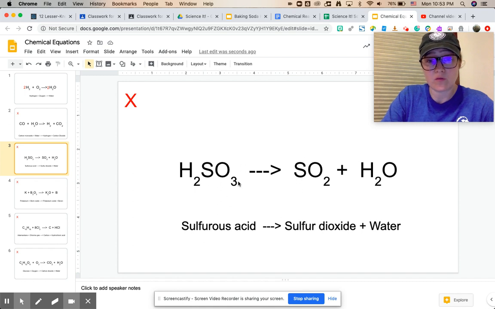I have 3 oxygens here, and I have 2 oxygens plus 1 oxygen is 3 oxygens. So again, this is balanced. I don't have to do anything to it. I have the same number of hydrogens, sulfur atoms, and oxygens on each side, 3 and 3. So that one's great.